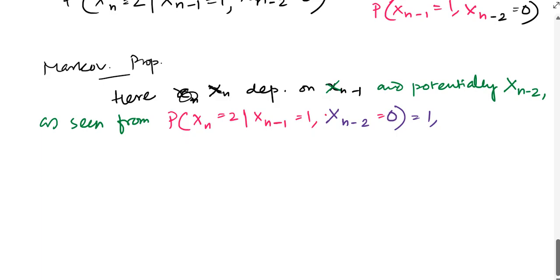That's showing it depends on two prior states. So Xn does not have the Markov property.